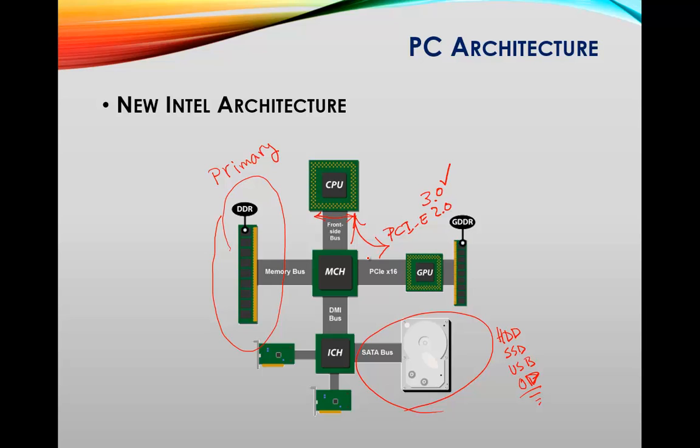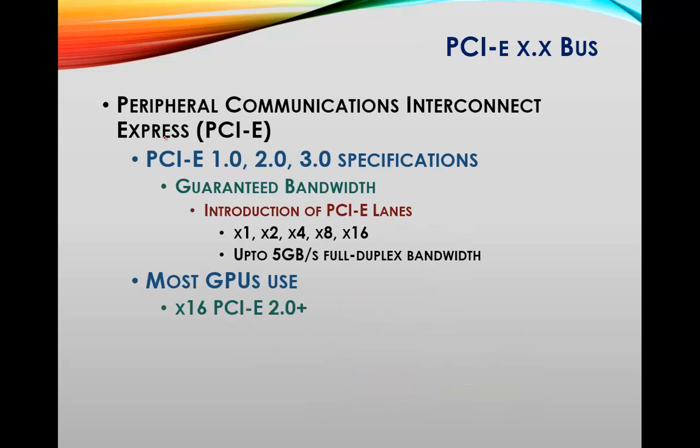PCIe 2 specifications were essentially at a transfer rate of about 5 gigabits per second, and PCIe 3 significantly changes that communication speed. The PCIe is your Peripheral Component Interconnect Express.